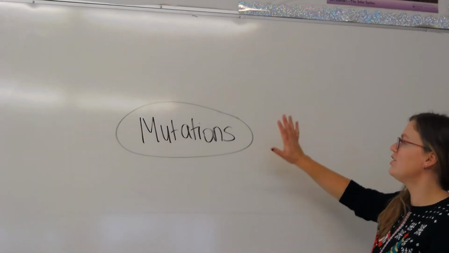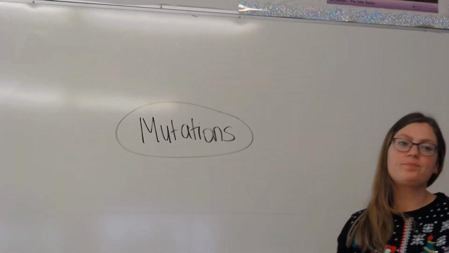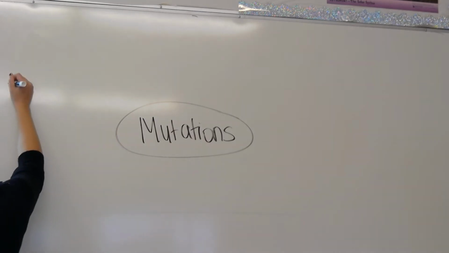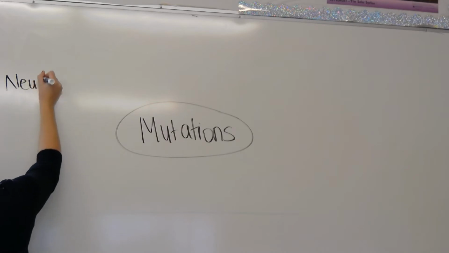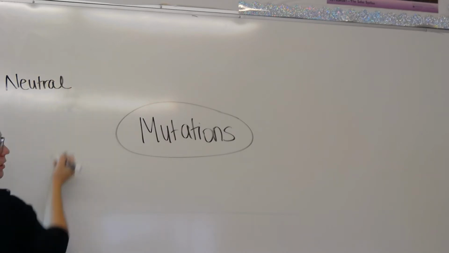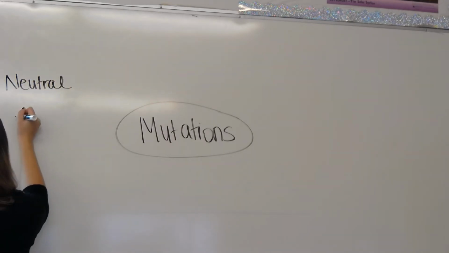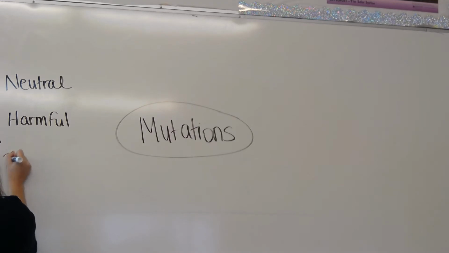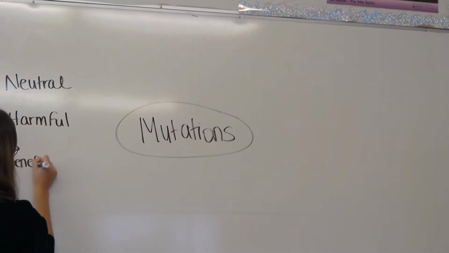All right, so with our mutations, we again have those three general types. So you can be neutral. Can you see that? Yes. You can be harmful, or you can be beneficial.